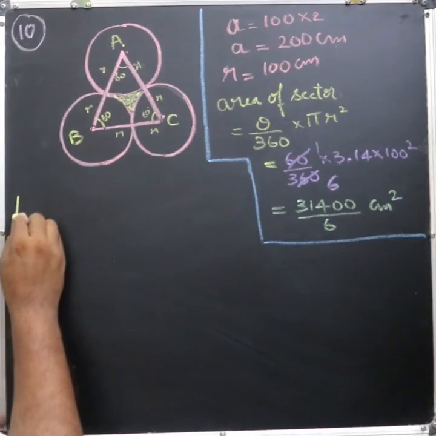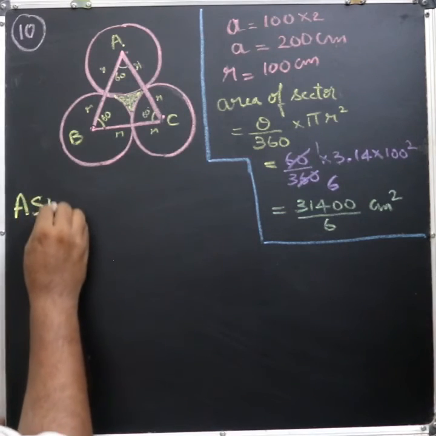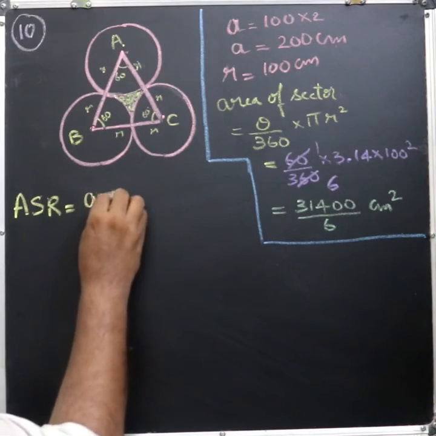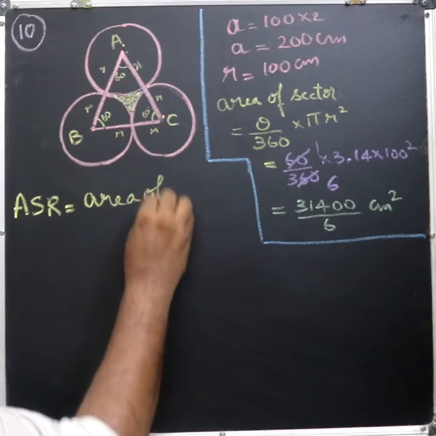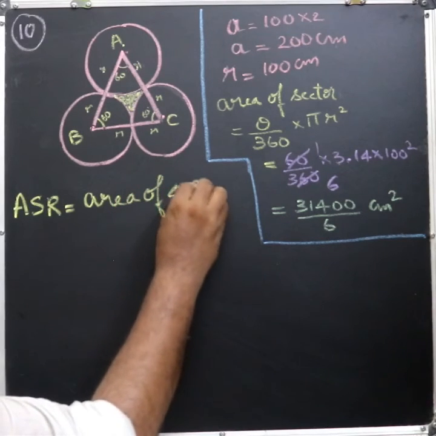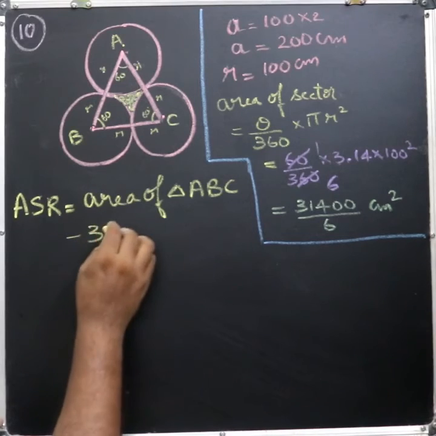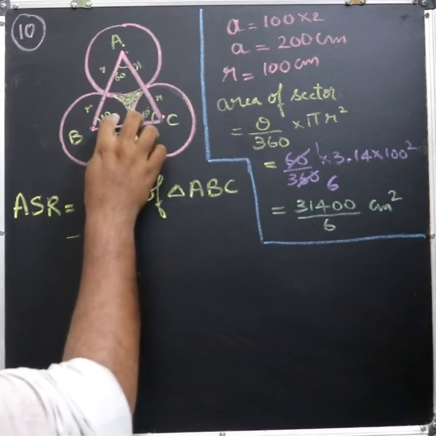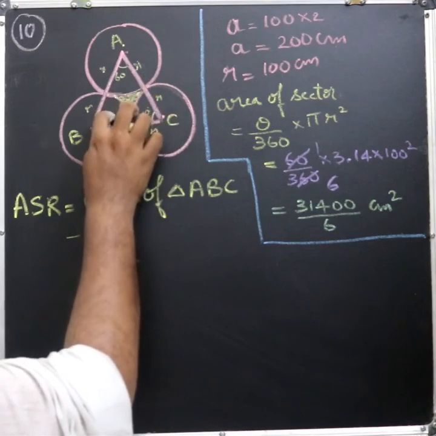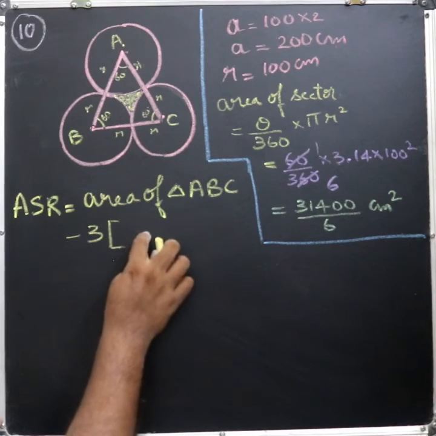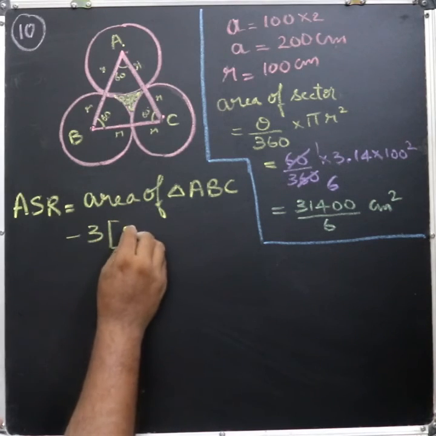Now the area of the shaded region is going to be equal to, from the area of triangle ABC, you are going to subtract the area of these sectors. Since all the three sector areas are going to be equal, we can just multiply the area of one sector by 3.